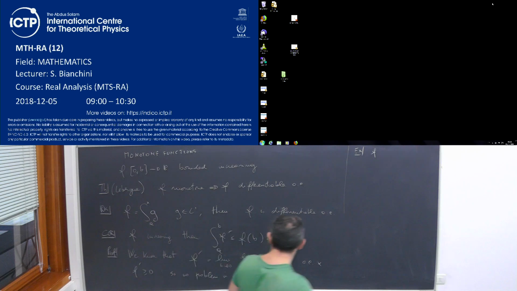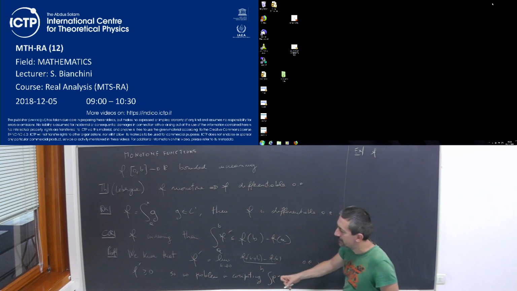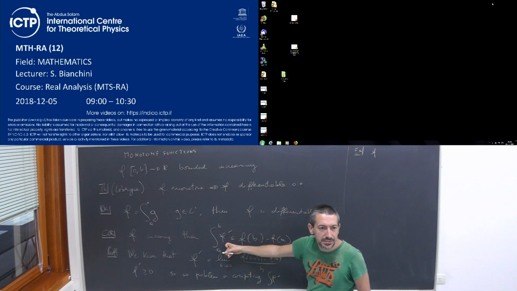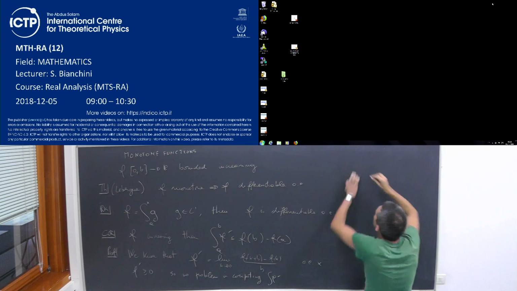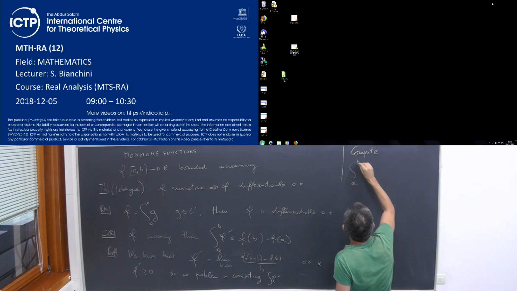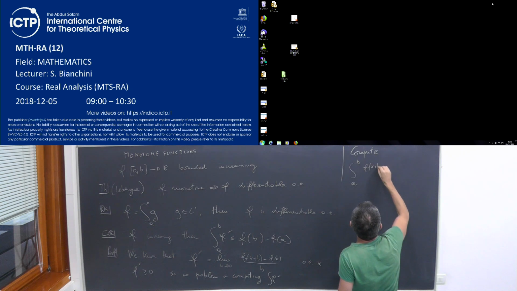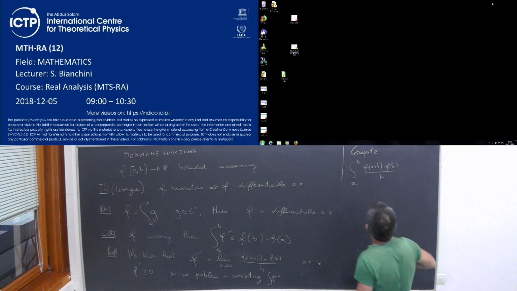So now the only trouble is, okay, so let's put this guy inside here. When can I do that? So let's compute first the integral from a to b of f of x plus h minus f of x divided by h.